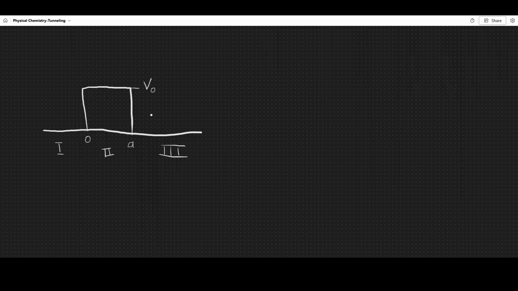And if I were to draw a particle, we know that a particle has wave and particle duality. So what I can draw is the wave, something like this. But when it goes through this barrier, this box, it is going to start decaying.